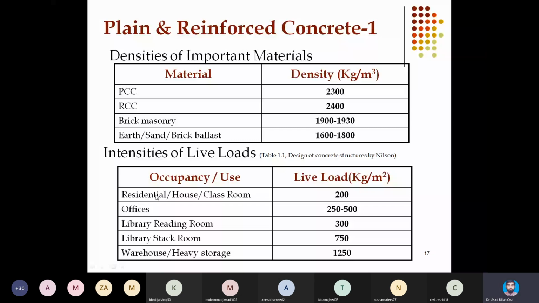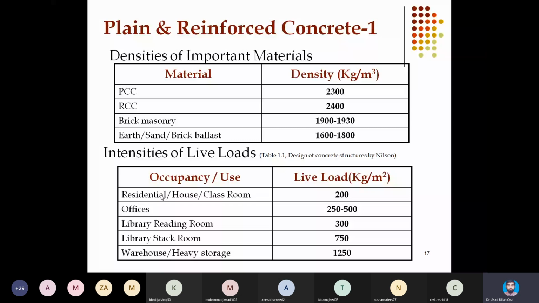So once you know the building type, as a designer you will be informed regarding structural use, and accordingly you have to select the live load for your design calculations.